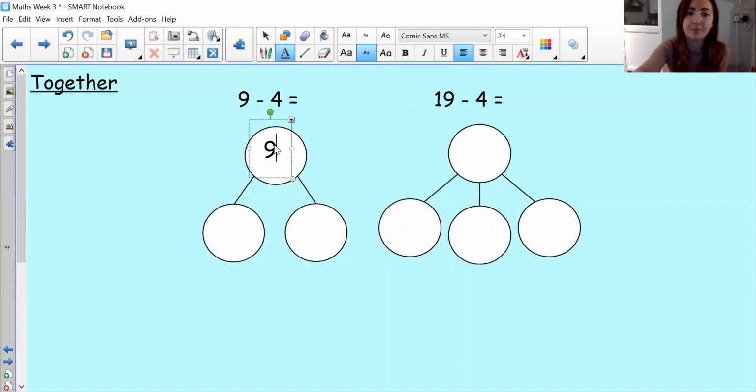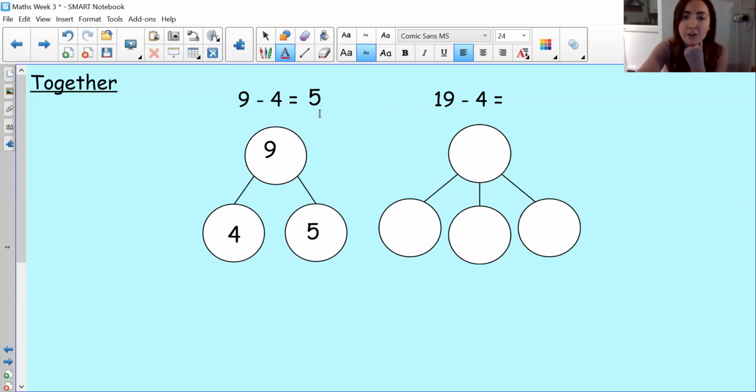It goes here, and we're taking away 4, so one of the parts is 4. If we take 4 away from 9, then what we have left is 5. So 9 take away 4 equals 5. I hope you got that too.